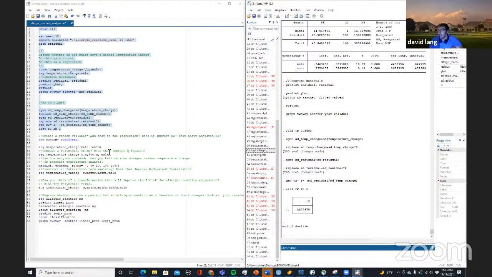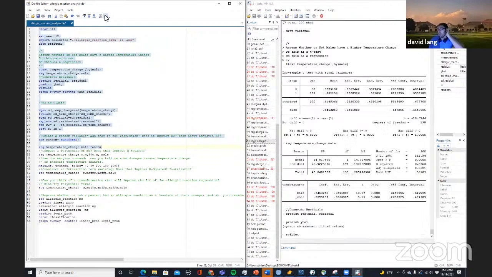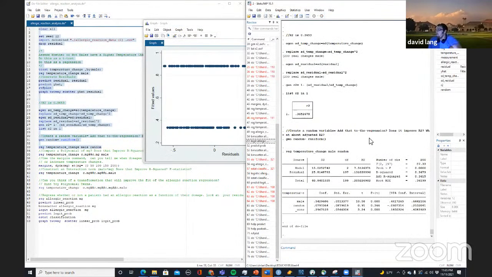The next piece that I asked you to do was to generate a random uniform variable. And you could have done a normal variable. What I want you to take away from this exercise is that R squared, that metric that we've been talking a whole lot about, even when you add random noise, R squared is mechanically going to go up.